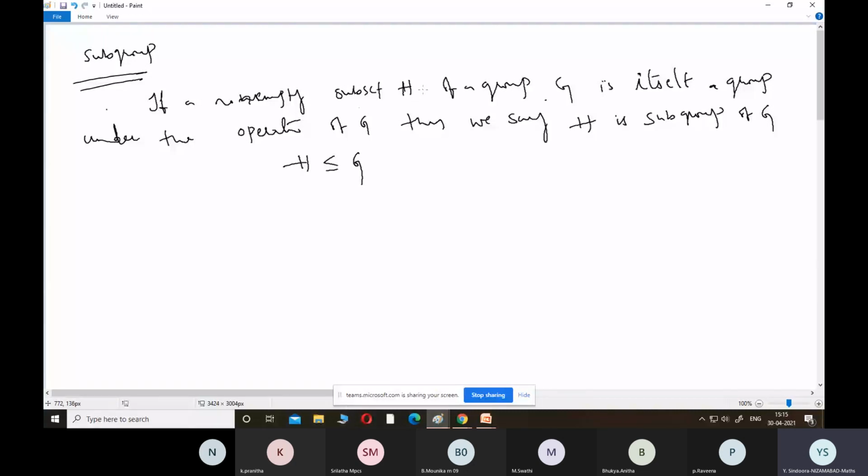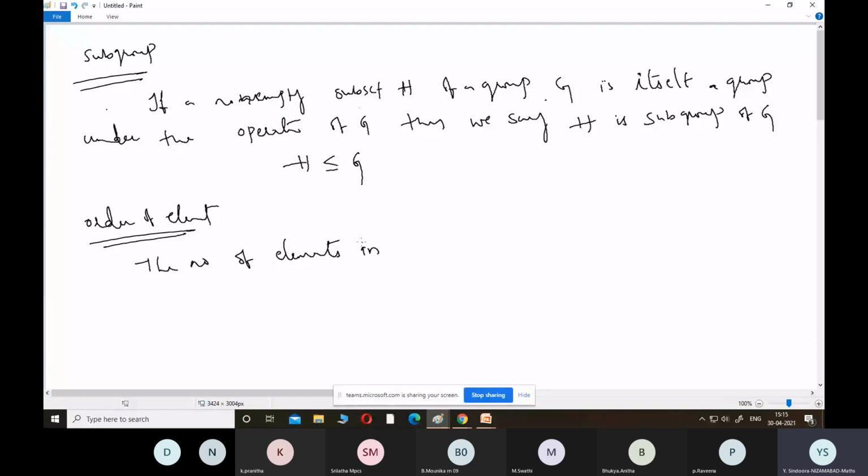Now let me define what is a finite set. Before defining a finite set, I would like to give you the order of the group. The order is the number of elements in a group.